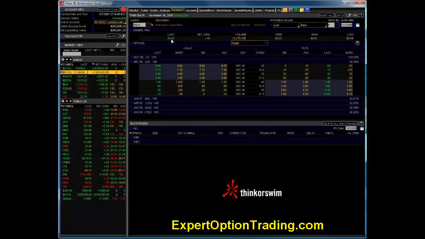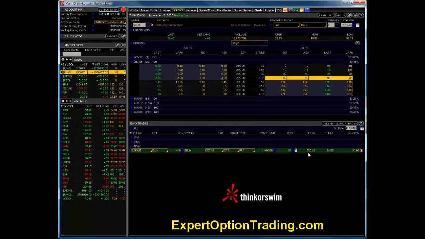So 1,000 shares would have cost you $39,000. The insurance would have cost you 90 cents a contract times 10, times 100, which is the multiplier, which would have cost you $900.